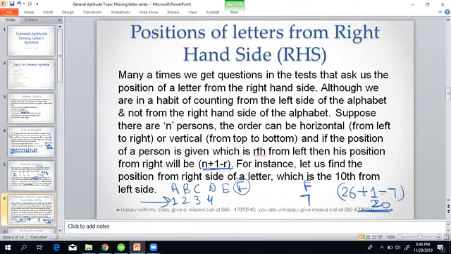Oh sorry, I have taken the F position as 7, its position is 6. Sorry, by mistake. So here we will get 21. So the position of F from the right hand side will be 21.